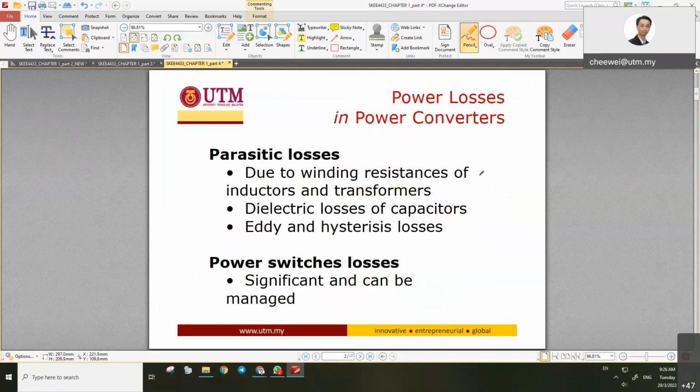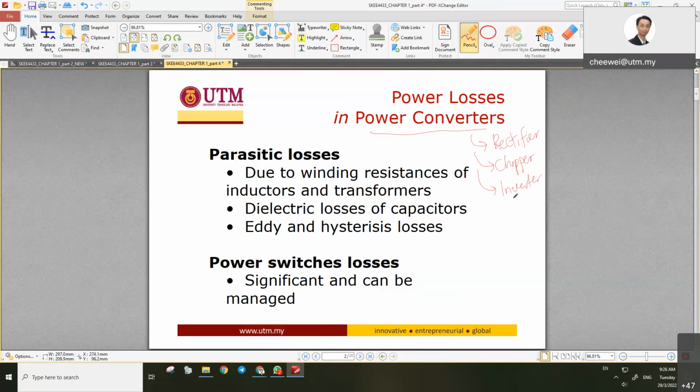So again, still remember what are the converters? We have the rectifier, using thyristor or diode. We have a chopper. Chopper is what? DC to DC converter. We have the inverter.